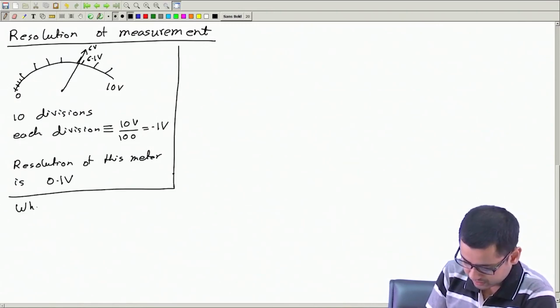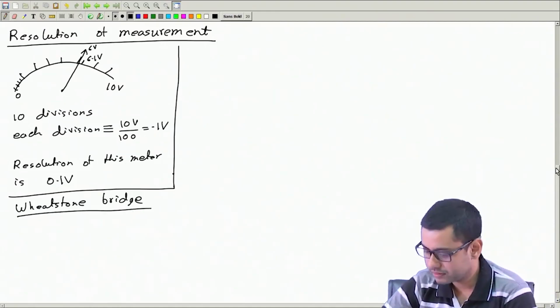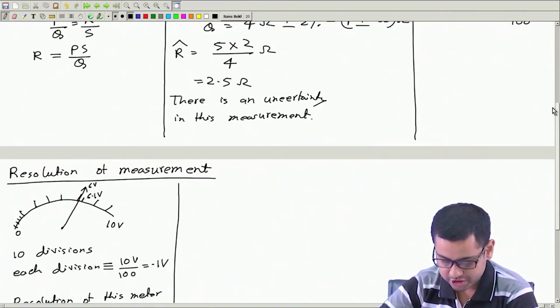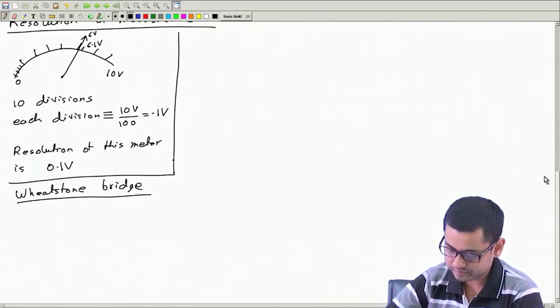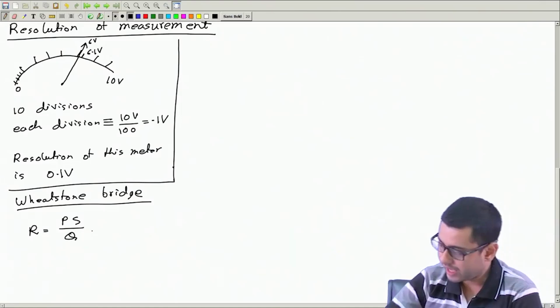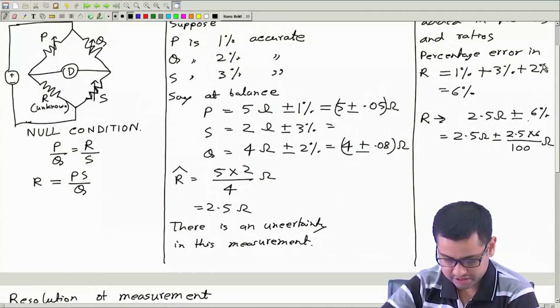Now coming back to our Wheatstone bridge. So we had unknown R is equal to P by Q times S, and this is the diagram.